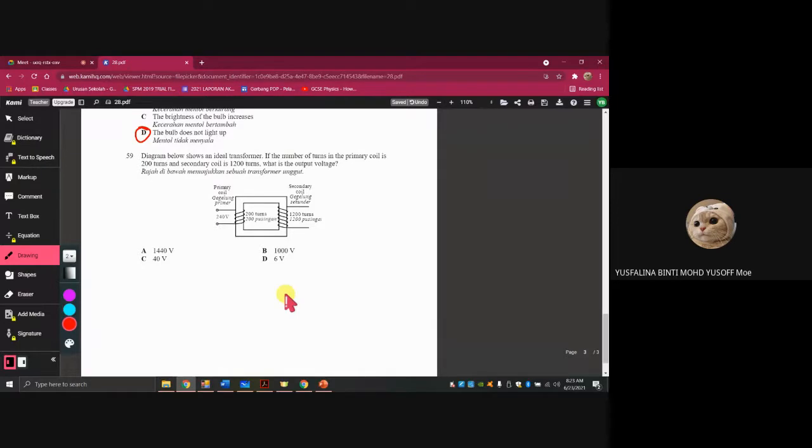The last one, you need to find the output voltage. The output voltage is actually the secondary voltage. The input voltage is the primary voltage.